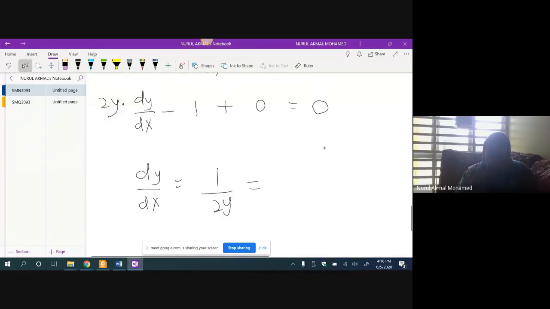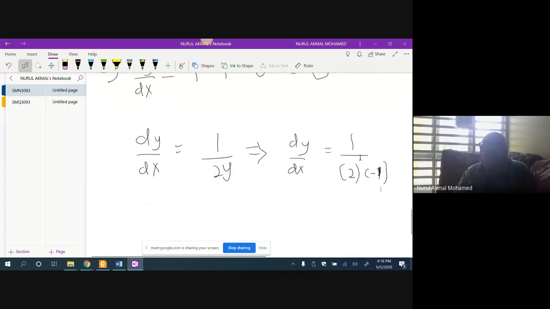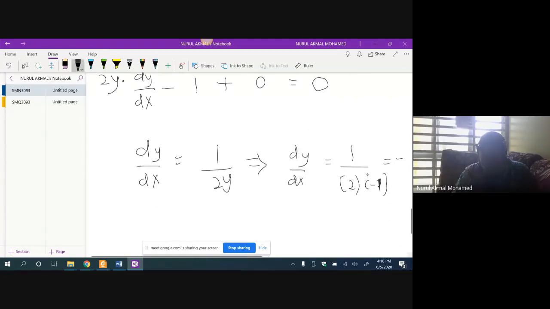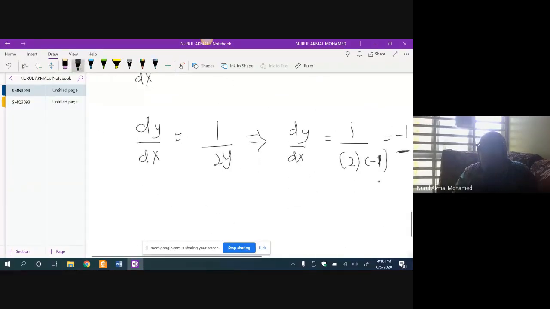The first one, dy dx is equal to 1 over 2 multiplied with -1. It gives you -1 over 2.